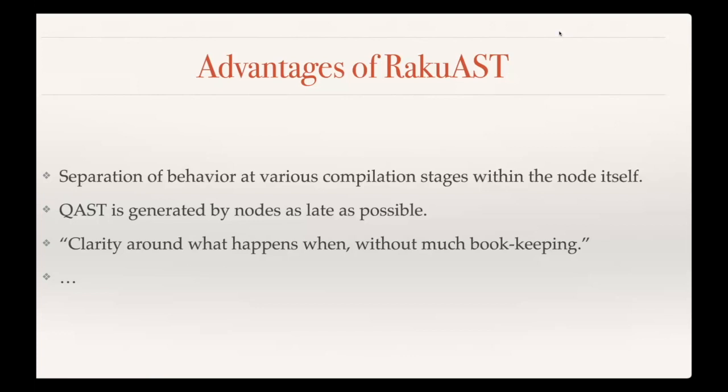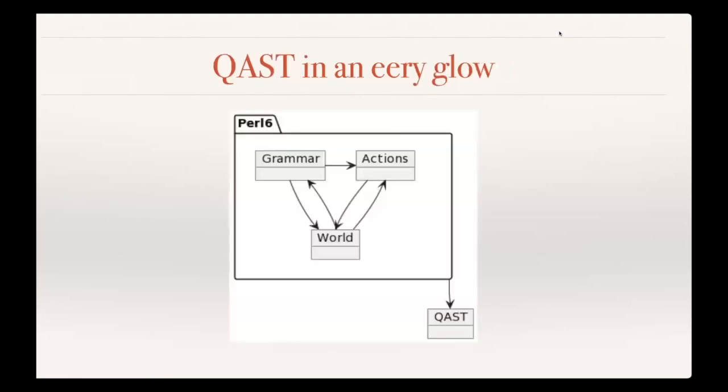So the clarity around what happens when without too much bookkeeping, is a phrase that came to mind when I was thinking about this. So this maybe will help a little bit in understanding how the base compiler generates its cast. We have a grammar that parses and calls, then methods and actions are called.